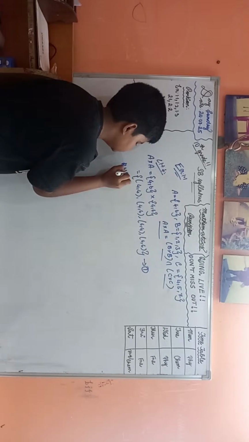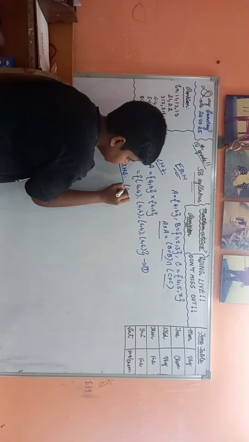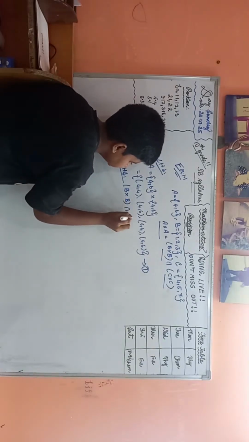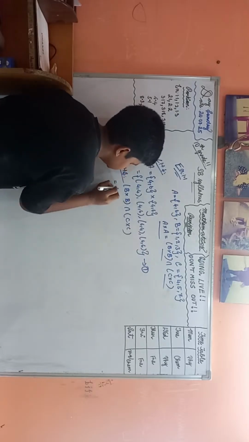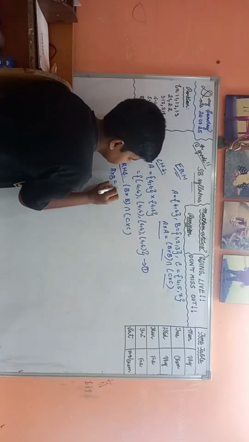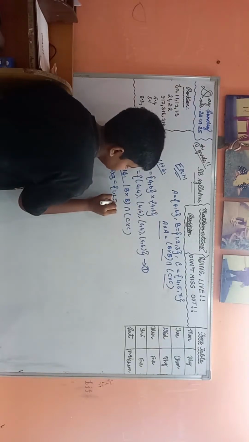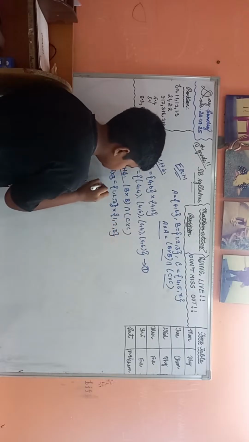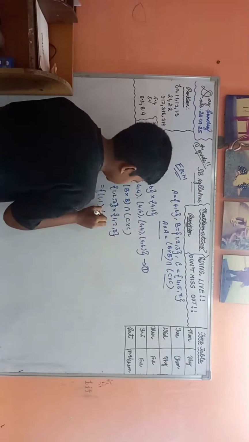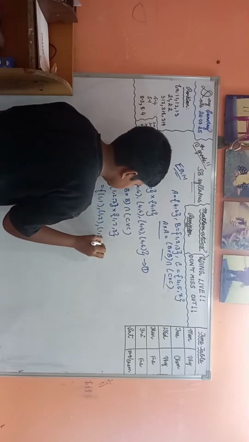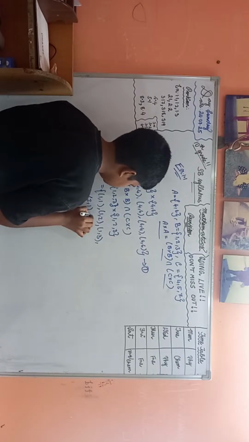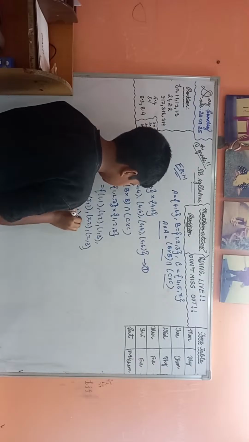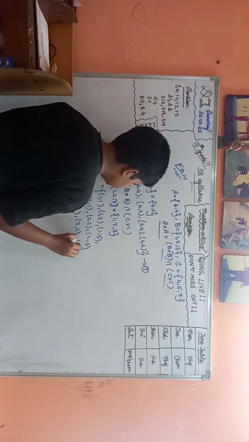Now the RHS: B into B. B into B will become 1, 2, 3 times 1, 2, 3. This will become 1, 1, 1, 2, 1, 3, 2, 1, 2, 2, 2, 3, 3, 1, 3, 2, 3, 3.